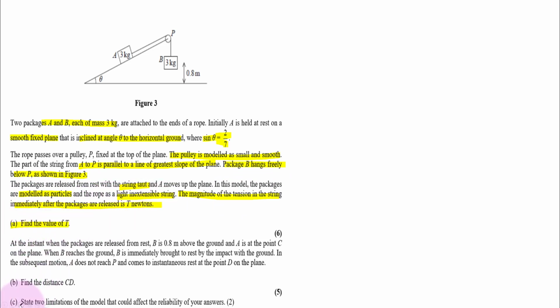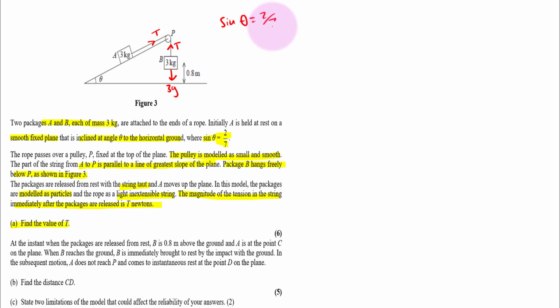Right, let's label this diagram. So we know tension must be acting like so. That's your T and your T. They're going to be the same. We've got 3G acting here.